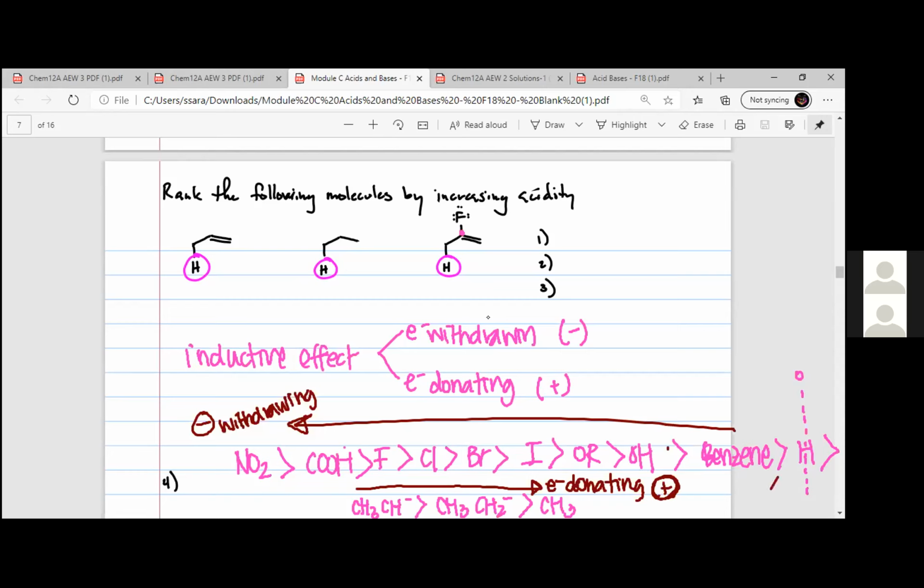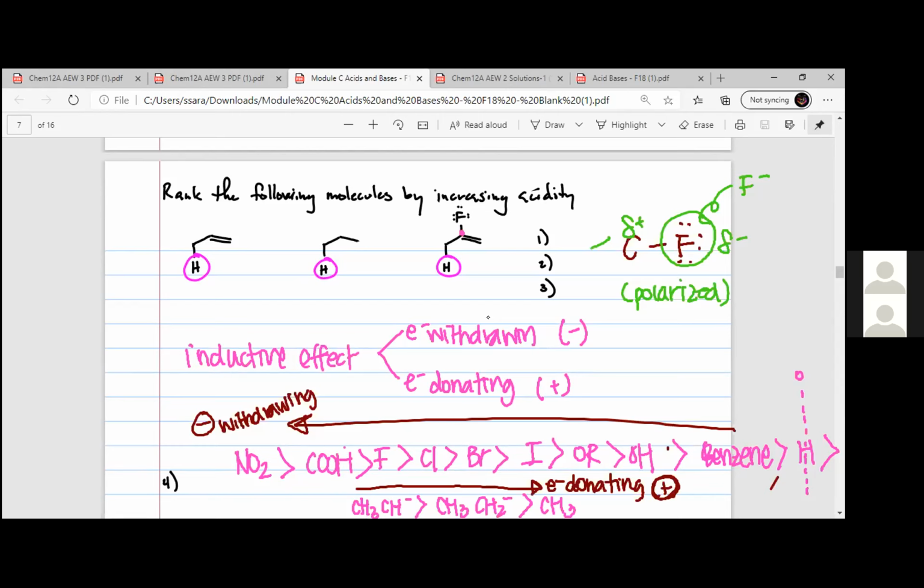So I got the inductive. When I'm doing acidity or basicity and you figure out the stability through polarizability, whichever one is more stable makes it more acidic. Is that the same thing for basic?